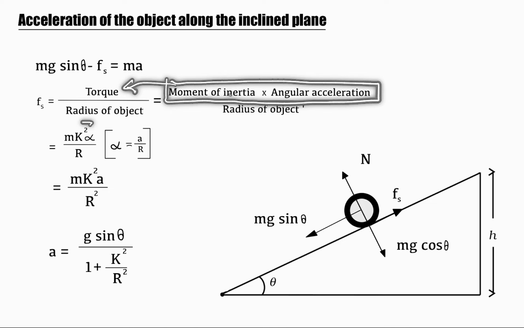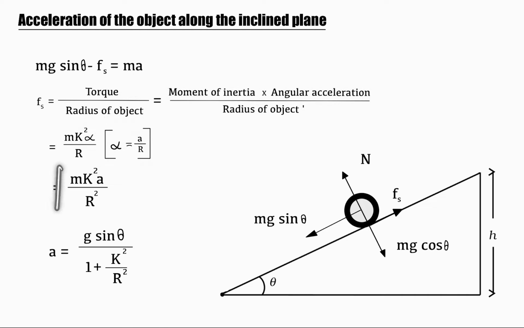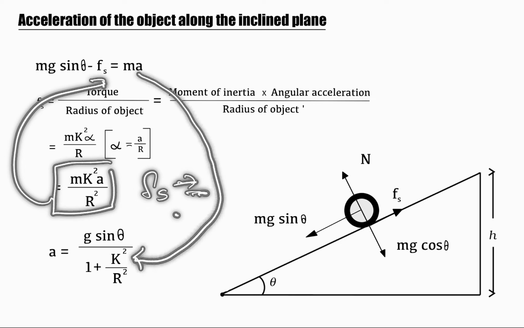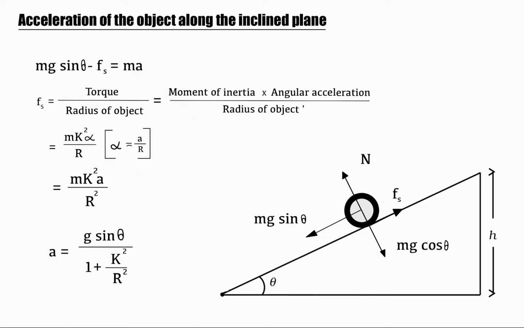For the torque, we have studied that moment of inertia into angular acceleration gives the torque. So substituting, we get mk square alpha, where alpha is the angular acceleration. Substituting alpha is equal to a divided by r, we get mk square a divided by r square for Fs, the frictional force. Substituting that value of frictional force in the equation, we get the final result: a is equal to g sin theta divided by 1 plus k square divided by r square.